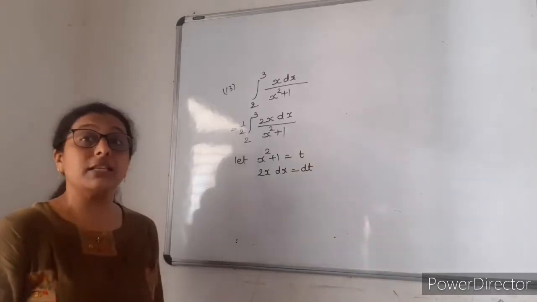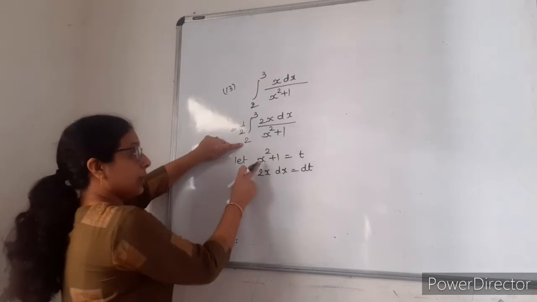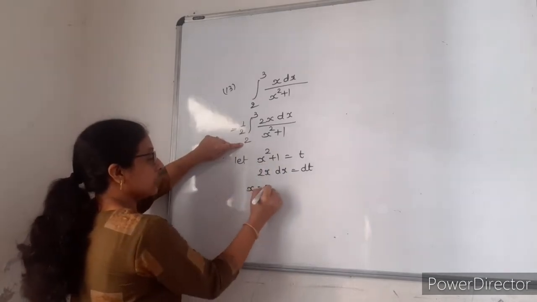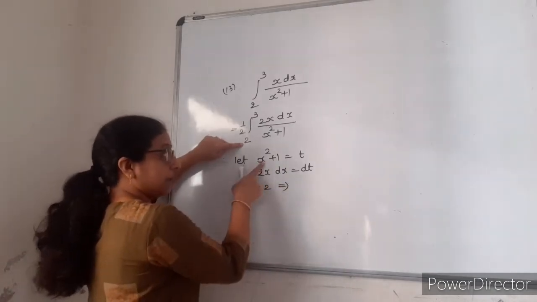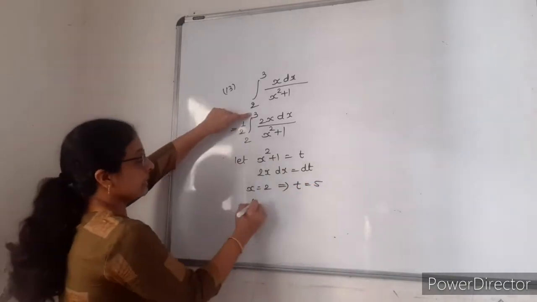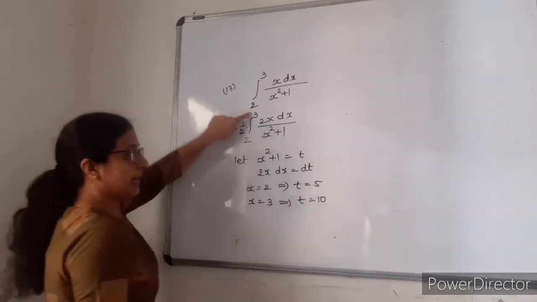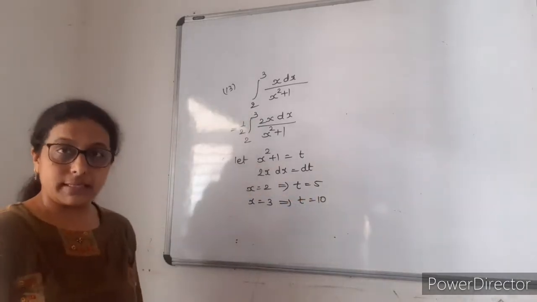Now you can also change the limit. Whenever x is equal to 2, x square plus 1 is 4 plus 1, so t is equal to 5. When x is equal to 3, then t is equal to 3 square plus 1, that is 10.